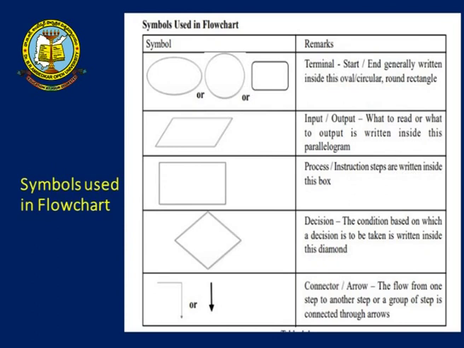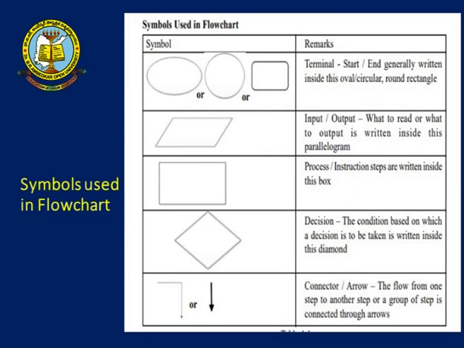If the decision is false, we will use the other side corner. And the next one is the arrows. Arrows are used to connect all these start, processing, input, output and diamond symbols. Arrows are nothing but to connect all these sequences of steps.